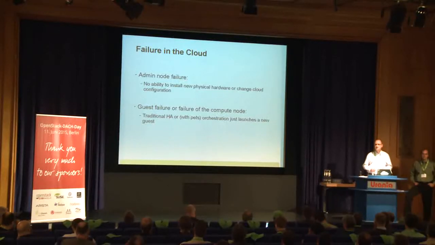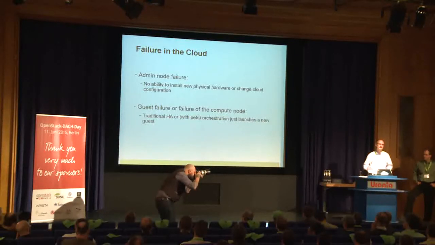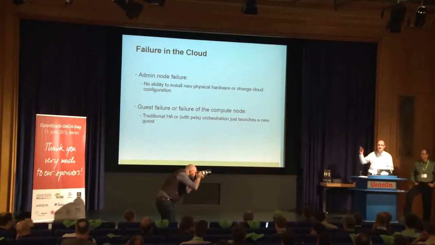So if this has a failure, the only impact will be that you can't install new resources or reinstall your network. I think most of that is tolerable, so it's not so hard to look at this for high availability.